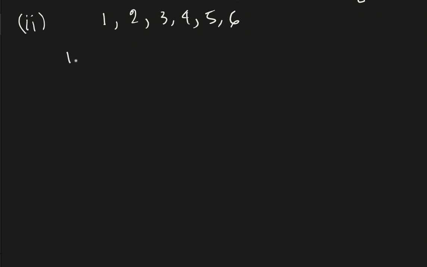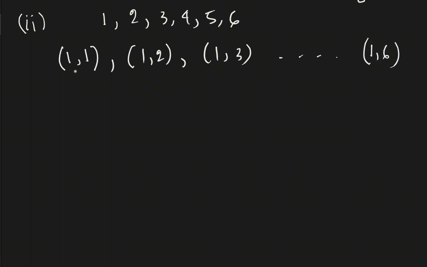That means the face of one die can be 1 and the face of the other die can be 1, so 1 1 is a possible event. Similarly 1 2, similarly 1 3. In a similar manner, the outcomes which are equally likely will be 1 1, 1 2, 1 3 up to 1 6, and so on.